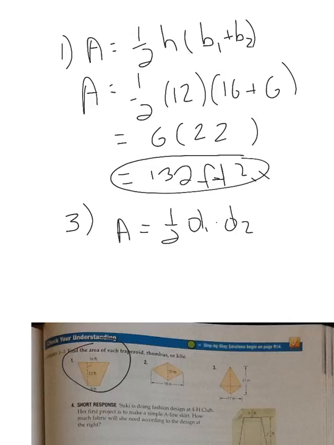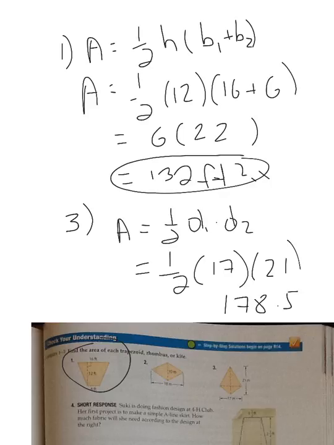So if you do your work, it will be 1/2 times 17 times 21. Now I'm going to use a calculator, so I do 0.5 times 17 times 21. The answer is supposed to be 178 and 5/10, so the answer is 178 and 5/10 square meters.